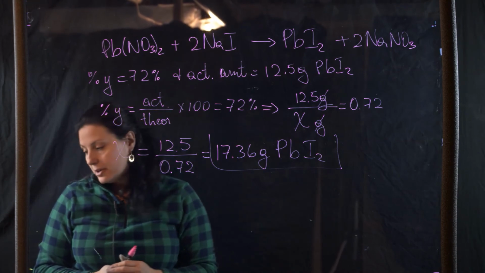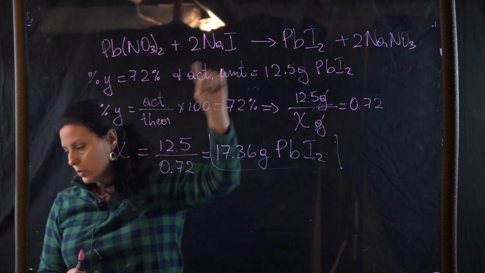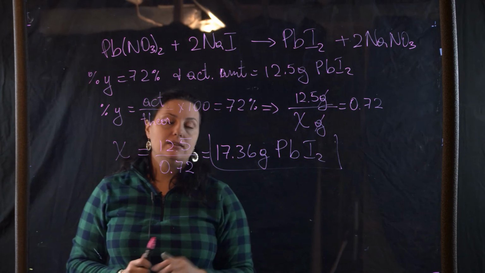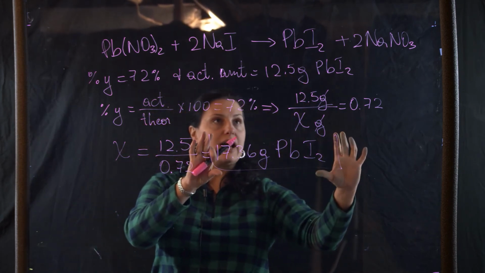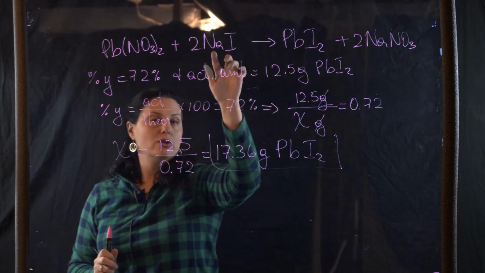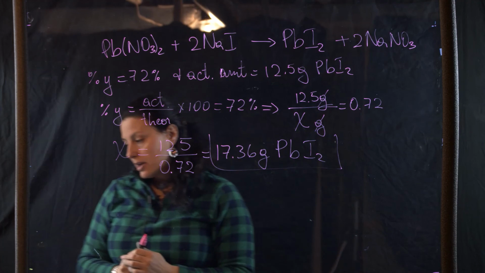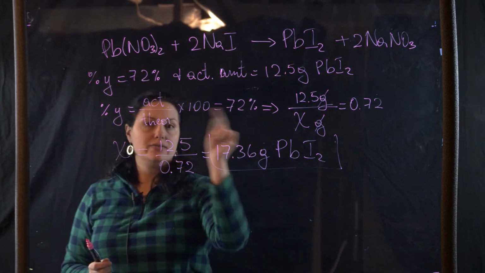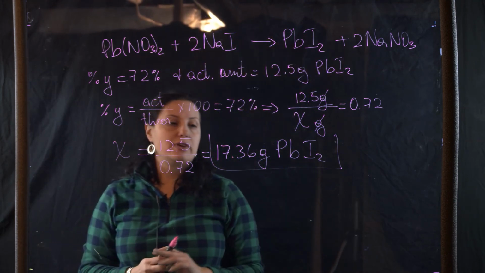it says, what theoretical amount of sodium iodide would have been needed to produce this much amount of lead iodide? So this is the theoretical, this is what I should have gotten. How much sodium iodide would need to be used up to produce this amount? Okay, once again, we have an amount in grams, we have to convert it to moles before we use the balanced reaction.